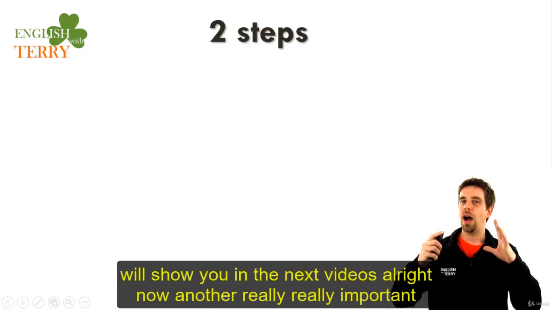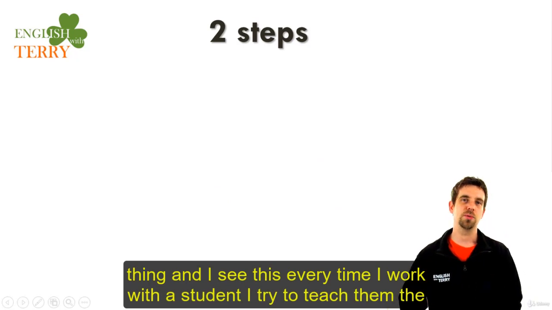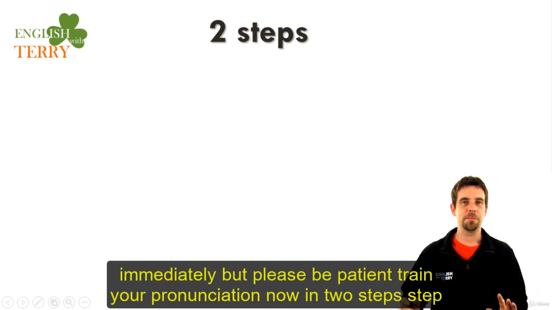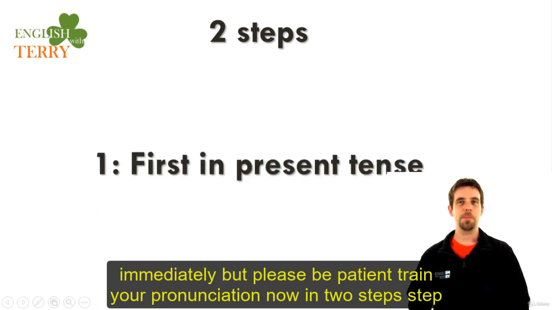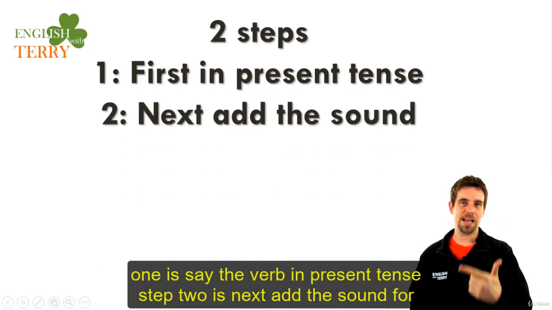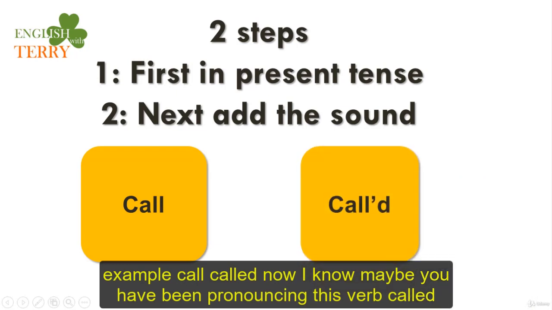All right. Now, another really important thing, and I see this every time I work with a student. I try to teach them the rules and they don't have patience. They want to pronounce it quickly, super fast, immediately. But please be patient. Train your pronunciation in 2 steps. Step 1 is say the verb in the present tense. Step 2 is next add the sound. For example, call, called.